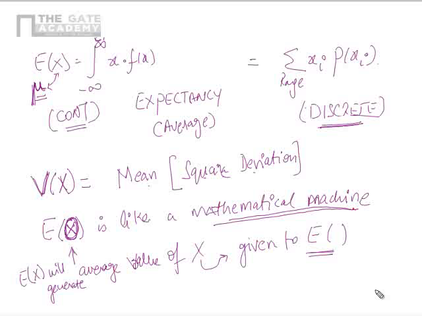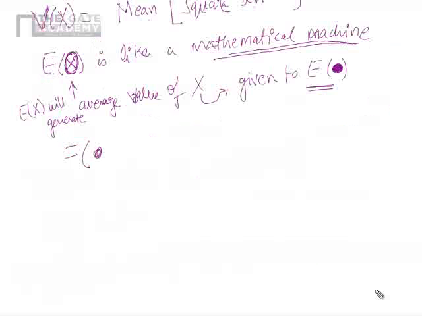Similarly, E is a machine which is going to take the average value of whatever you put here. If you put something here, it is going to give you the average. In short, E of this will give you the average value of this.